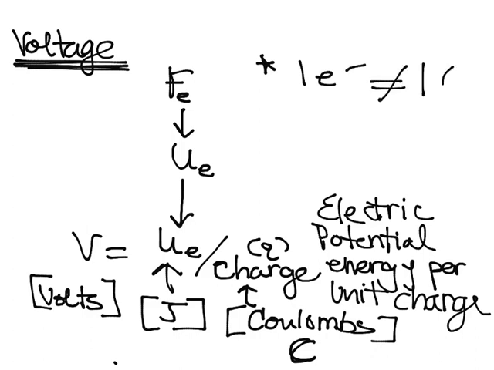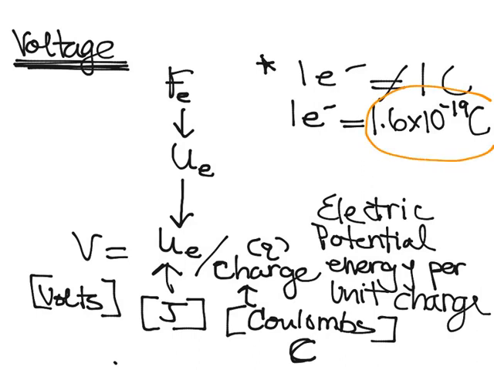Now, one thing that can be a little confusing is that one electron does not have 1 coulomb of charge. One electron has, in fact, 1.6 times 10 to the minus 19 coulombs of charge. As long as we're dealing with atoms, this is the smallest unit of charge we could talk about.